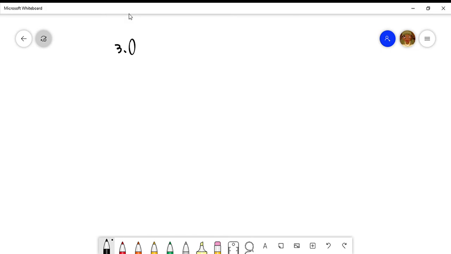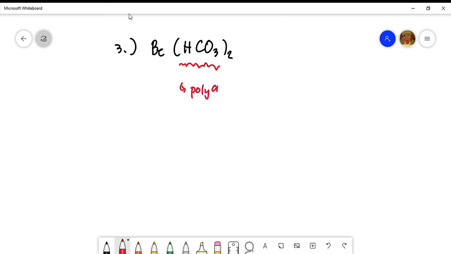So this one is BeHCO3. This might intimidate some of you, but if you're not familiar, this enclosed in parentheses is called a polyatomic ion.